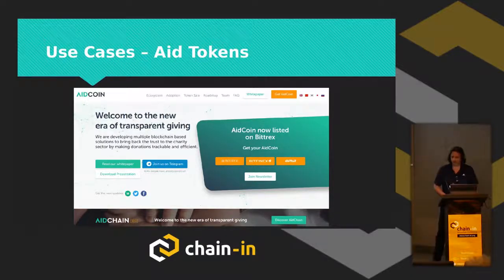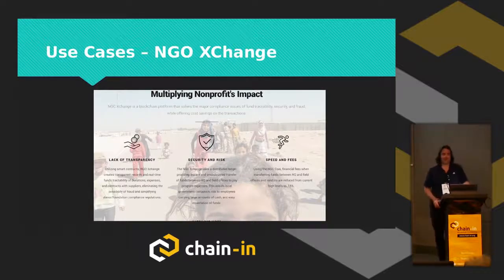Even more interesting, you actually have an online exchange, where you can buy and sell digital tokens, digital assets.